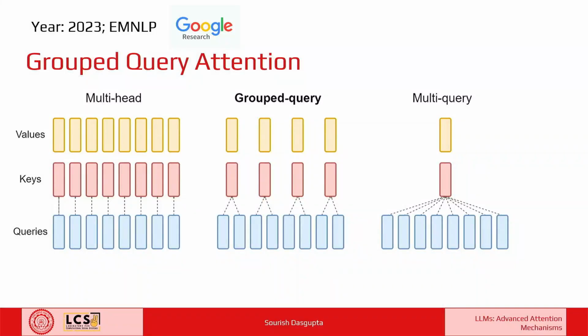Okay, so then in 2023 EMNLP, Google Research came up with this new technique, and they said that okay, we are going to do a little modification to MQA, and they came up with this idea called grouped query attention.